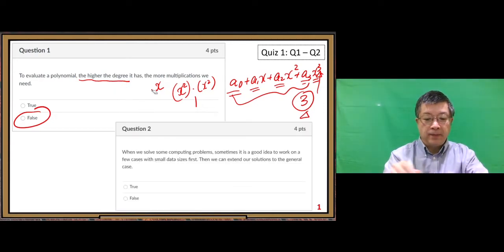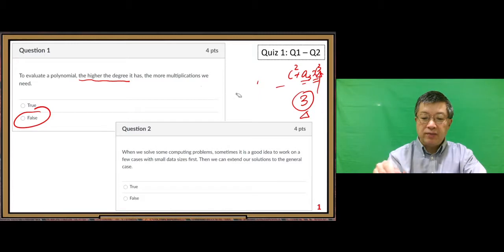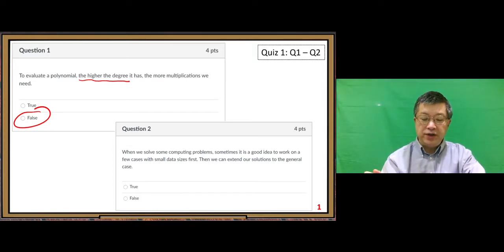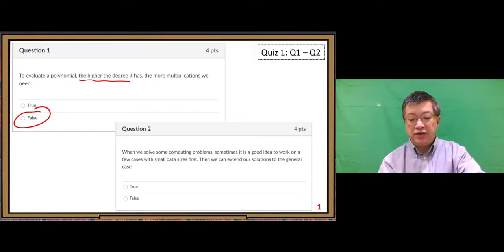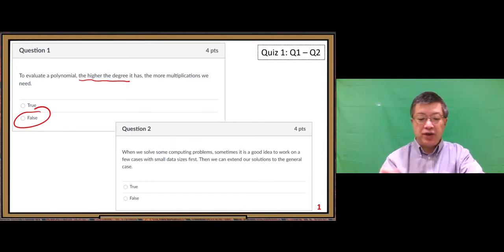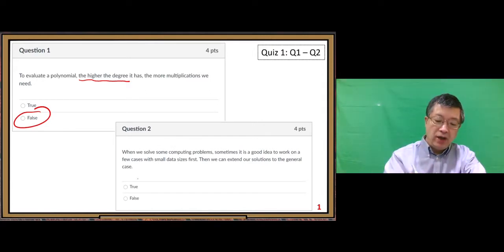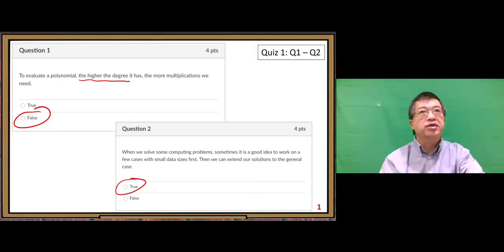Second: when we solve some computing problem, sometimes it is a good idea to work on a few cases with small data sizes first, then extend our solutions to the general case. True. In our problem solving, we use this strategy many, many times. It's a simple strategy, but very effective.